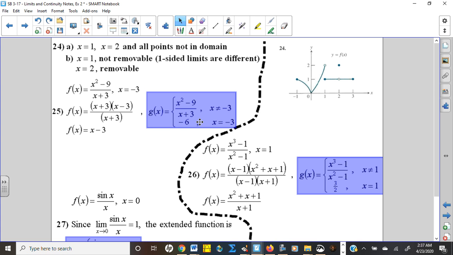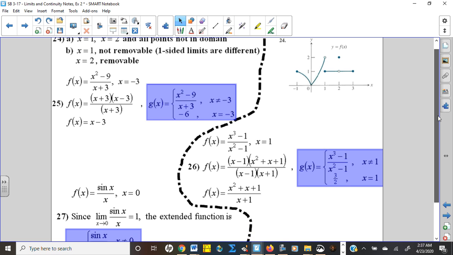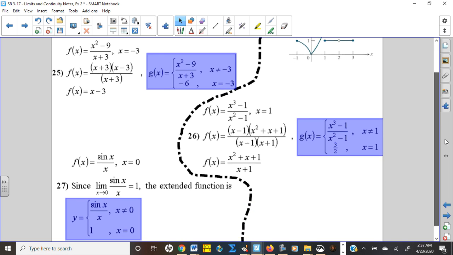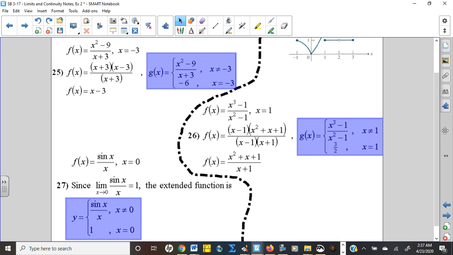25 through 30 got into a different kind of question. They wanted us to write extended functions. So you have these answers in your course pack, and the work is included, which I think is nice. This is that process that we went over in a couple of examples yesterday, and I want to work a couple of these out just to make sure that you guys are down with how this works.